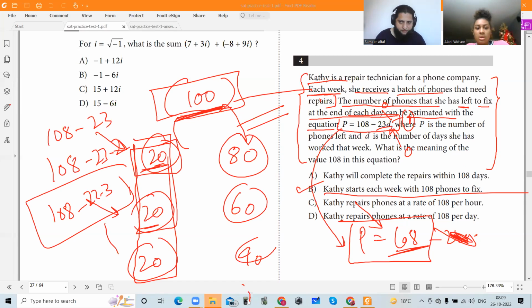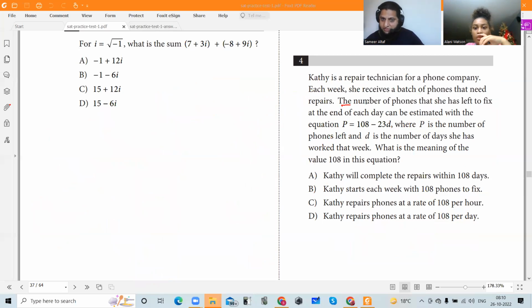A total number of phones? The total number of phones that she's receiving. But you told me that she's receiving 108 phones in total. Oh, so let me go back through the problem. Yeah, read it, think about it, tell me.